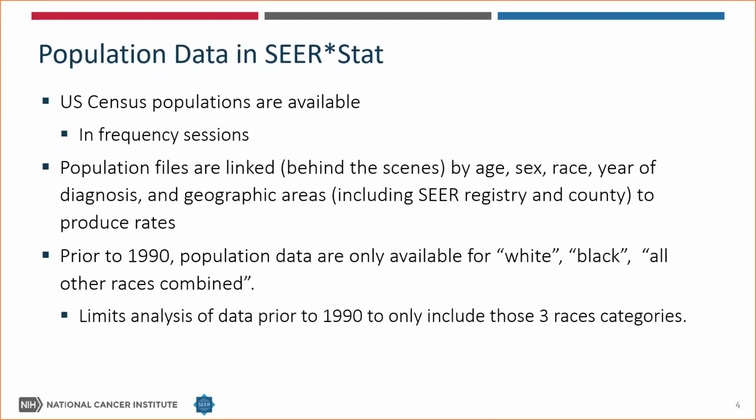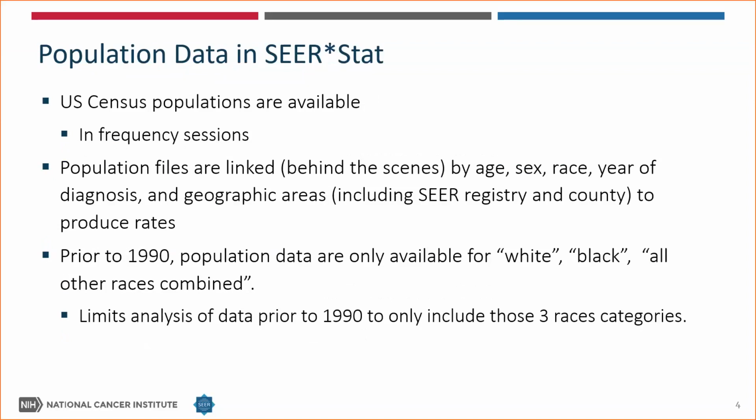Also in the SEERStat software, we have population data. We have census population data that's available as standalone databases, available in frequency sessions. When we have incidence or mortality databases, we link the population data to the numerator data to make it available to produce rates or prevalence statistics.